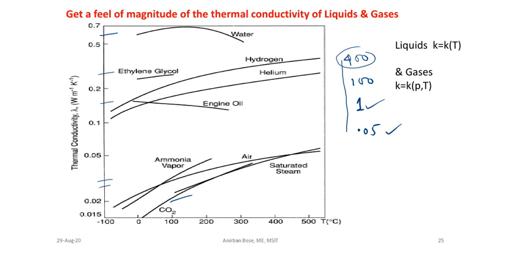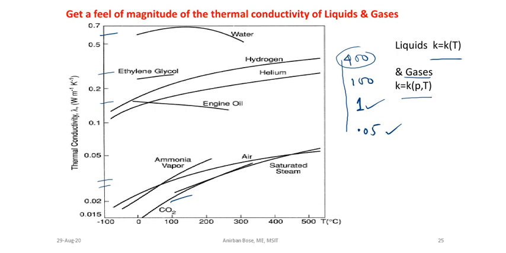In the case of liquids, thermal conductivity is a function of temperature, and you can see how the thermal conductivity of different liquids changes with temperature. In the case of gases, it is a function of both pressure and temperature.